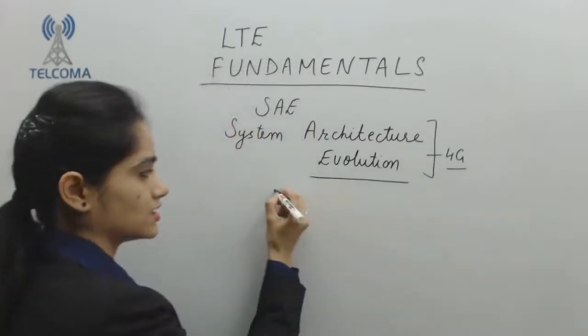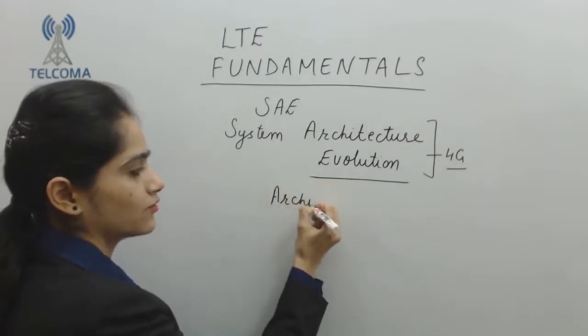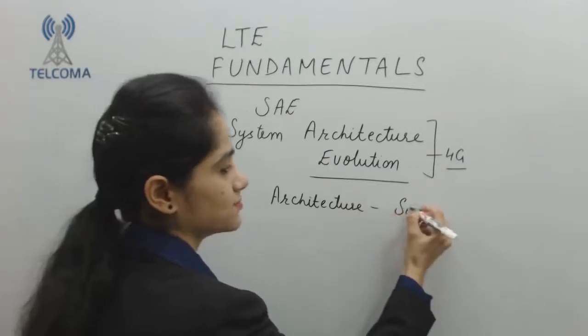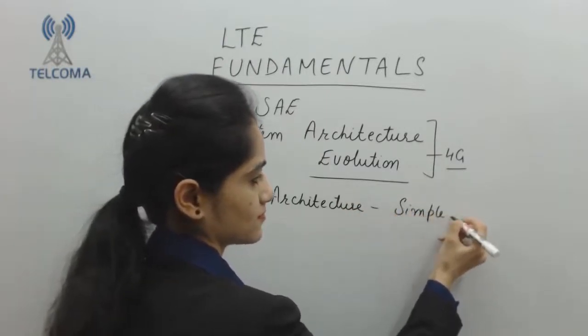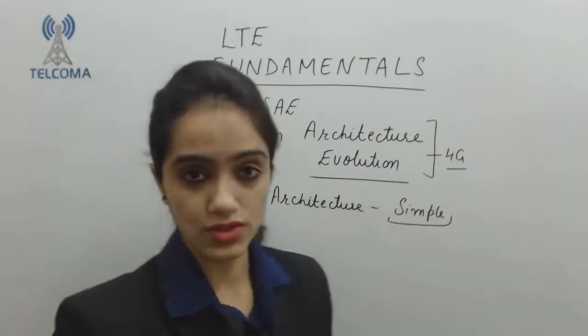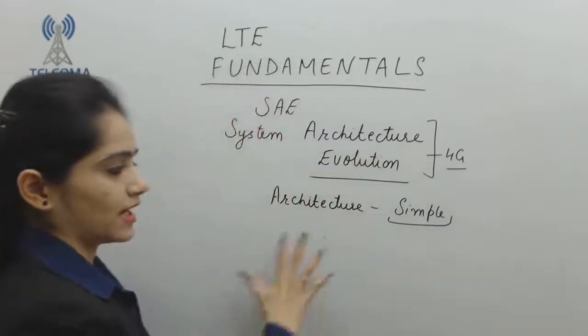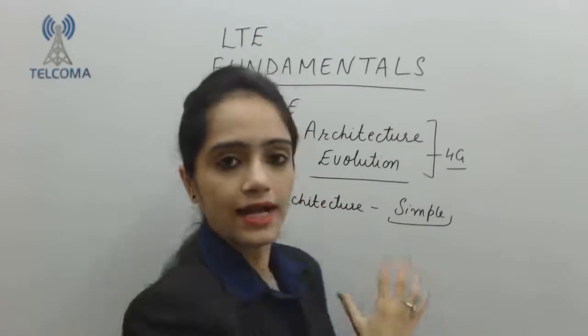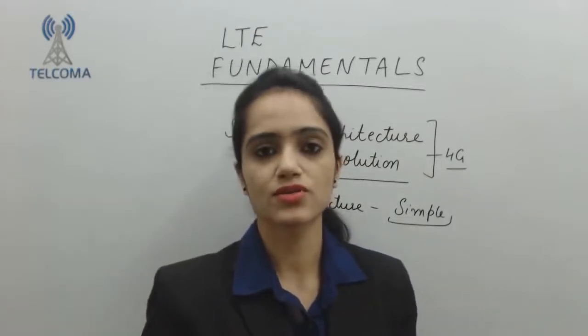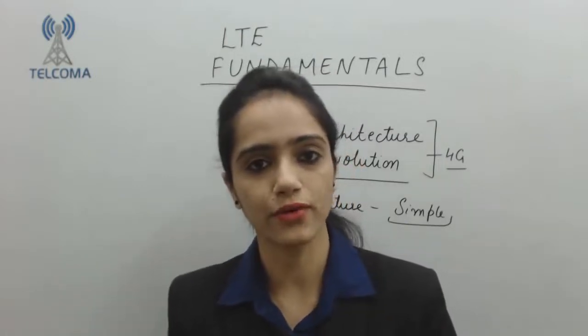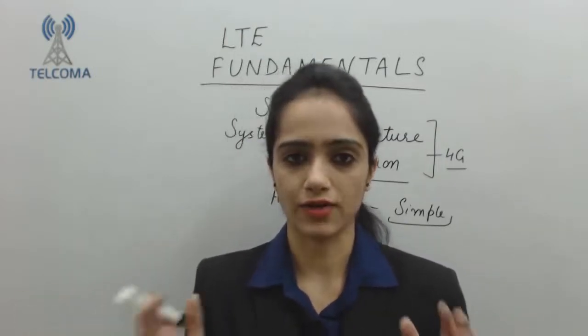If you want high mobility, your architecture should be simple, and the number of nodes should be less and faster. So we need to organize all nodes and all entities which are required for packet switching in a smart way.